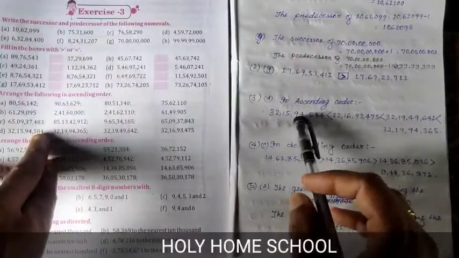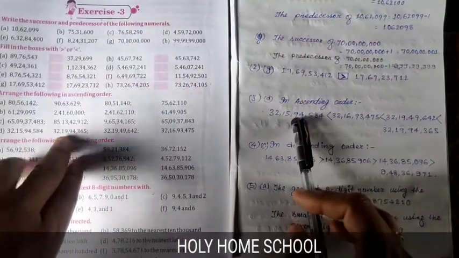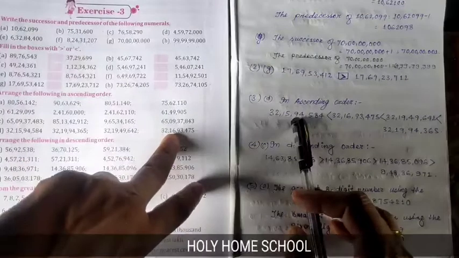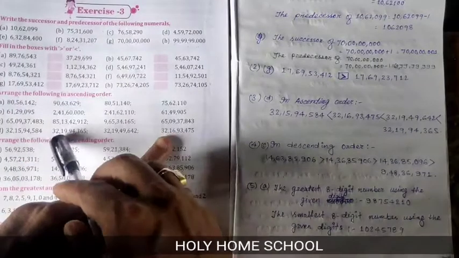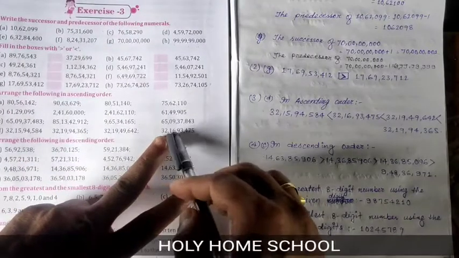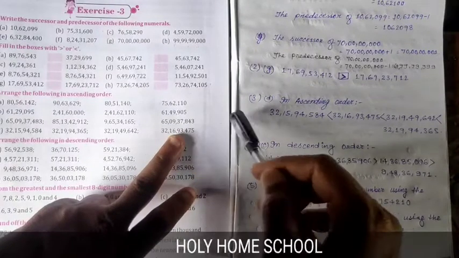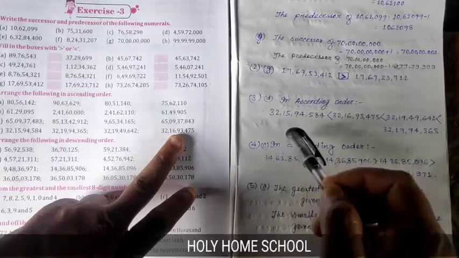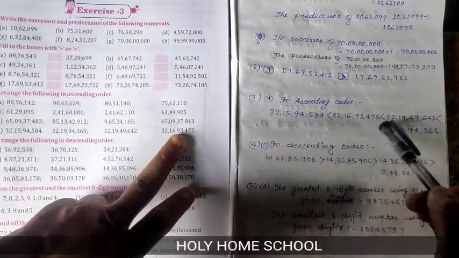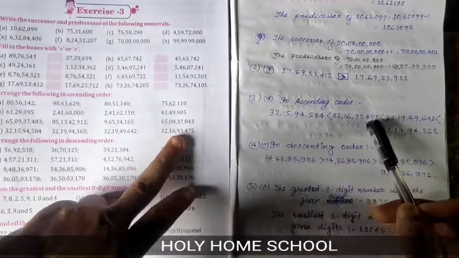We write in such a way. Again observe this: 32 crore 16 lakh 93,475 is the second one.